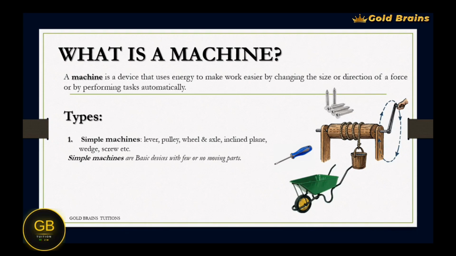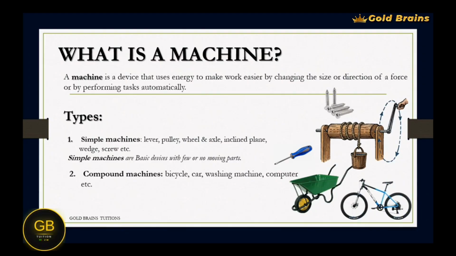So the other type is called the compound machines. These may include bicycles, cars, washing machines, computers, and all those big machines you see, cranes and many more. So a compound machine is made by combining two or more simple machines. That is it about machines.